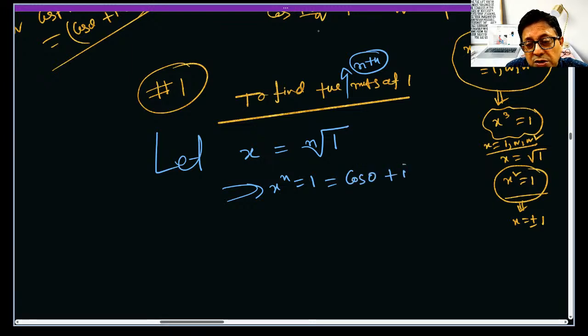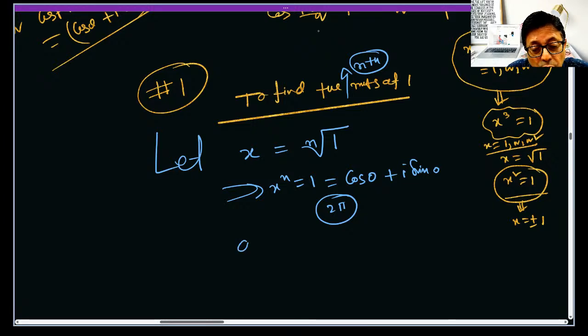This is nothing but cos 0 + i sin 0, not theta, this is 0. Now cos θ and sin θ have a fundamental period, you know, 2π. In general, the period of cos θ and sin θ is 2nπ. Okay? So you can add that on the right side.